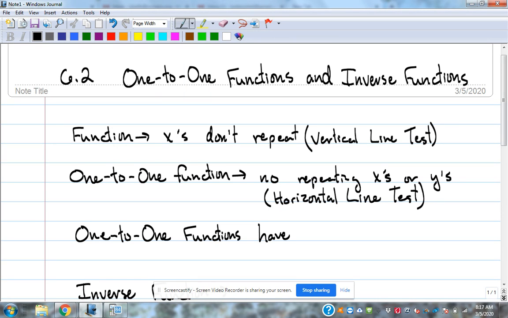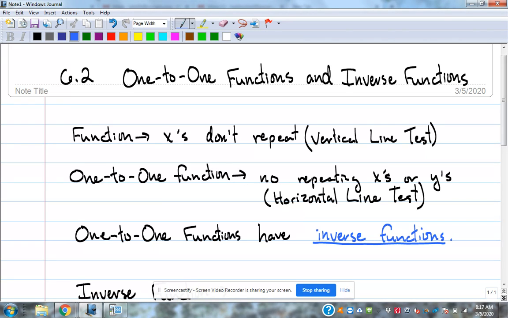Okay, one-to-one functions are pretty special in the fact that they're inverses. They are functions. So one-to-one functions have inverse functions. That doesn't mean that every regular function doesn't have an inverse. It just means that the inverse isn't always a function.